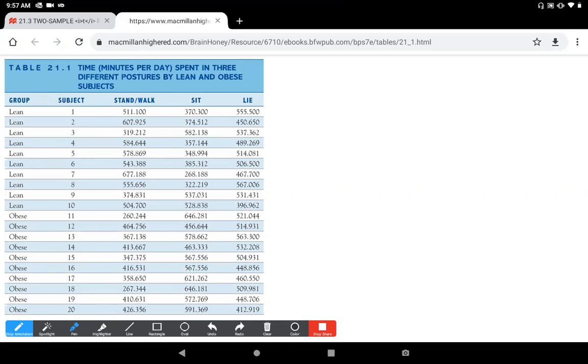Okay, so we stated our problem, right? Is there a difference between obese people and lean people in the time they lie down? And we also need to make a plan, right? The plan portion is what's our null hypothesis and what's our alternative hypothesis.